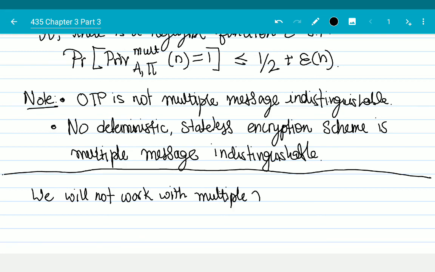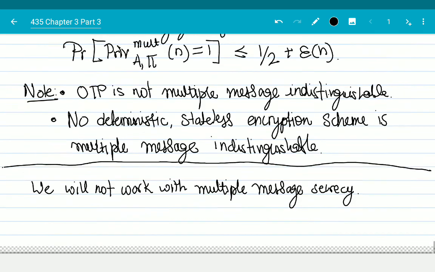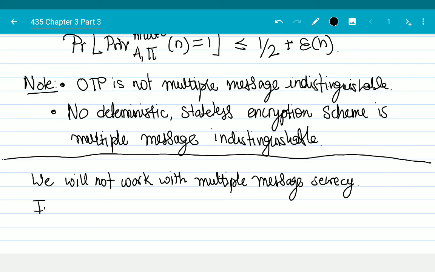Instead, we will define something stronger.